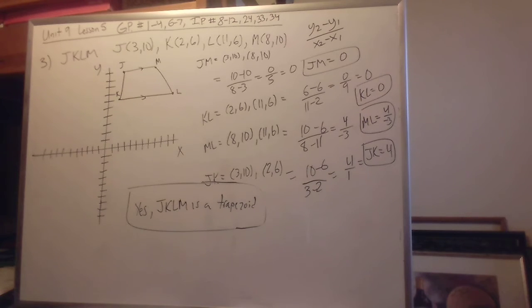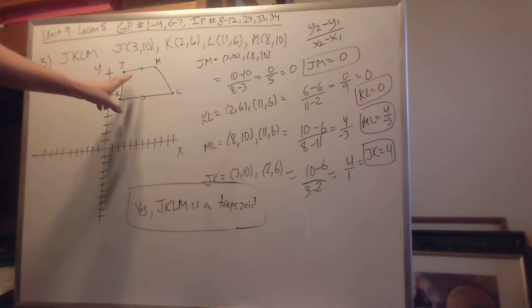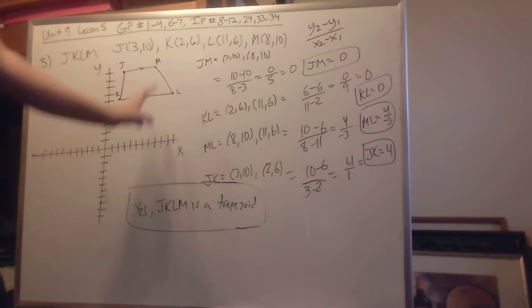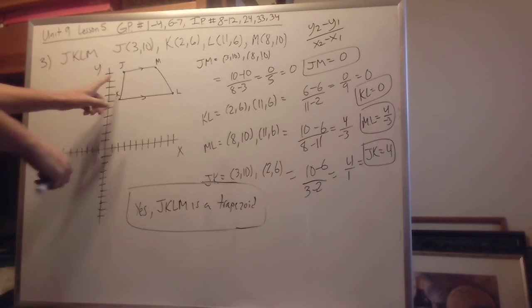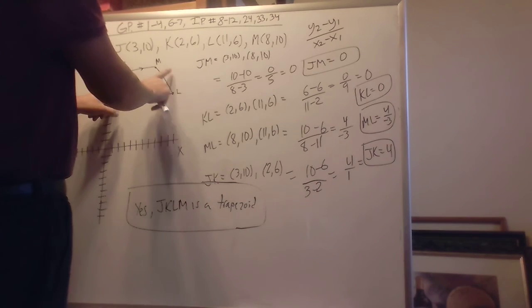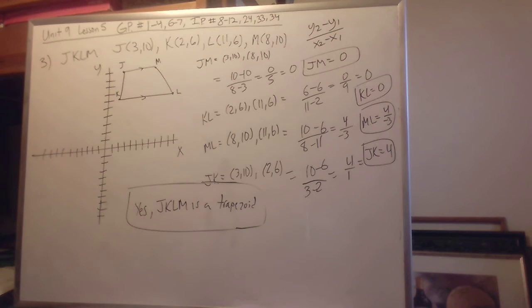All right, so we'll be moving on to number 4, which has to do with this problem, and it wants to know if this trapezoid is an isosceles trapezoid, meaning are JK and ML the same length?